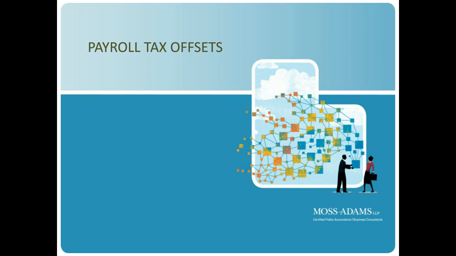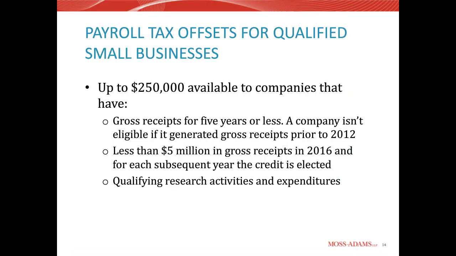R&D credits would just carry forward until a time when you actually start generating profits. So this new law will allow eligible small businesses, qualified small businesses, to potentially offset or cash out their R&D credits to offset payroll taxes. We are talking about up to $250,000 in credits each year that could potentially offset payroll taxes.